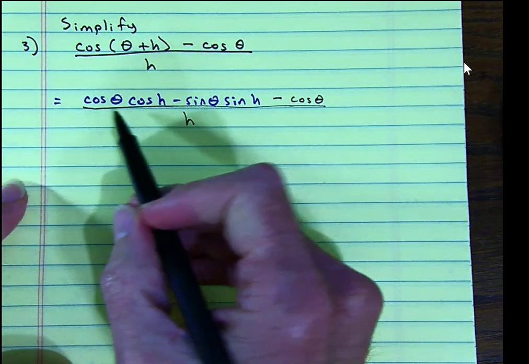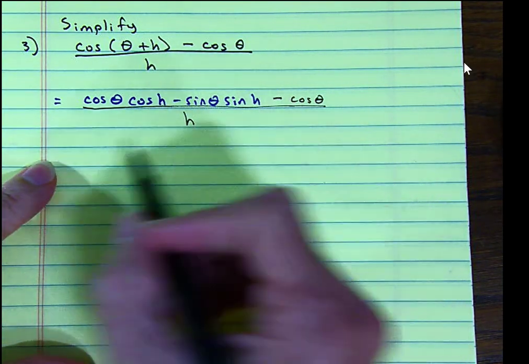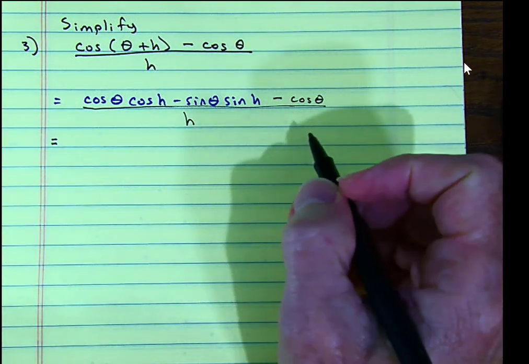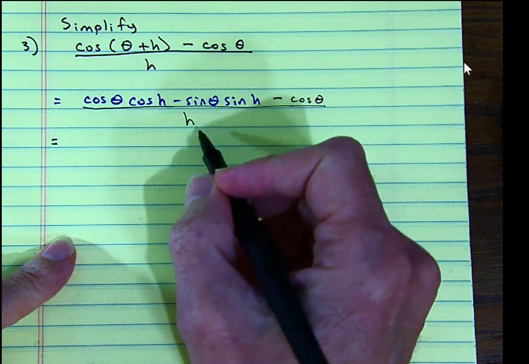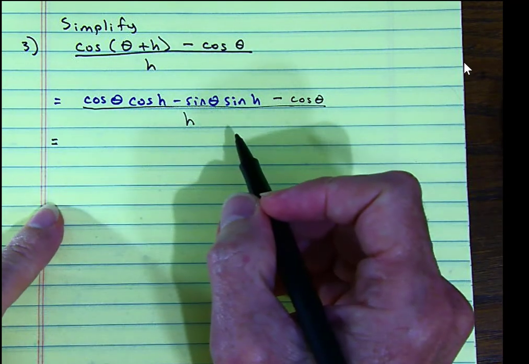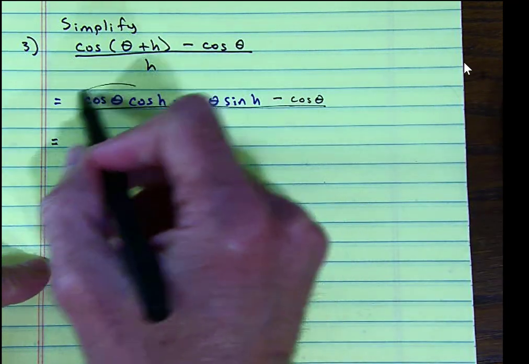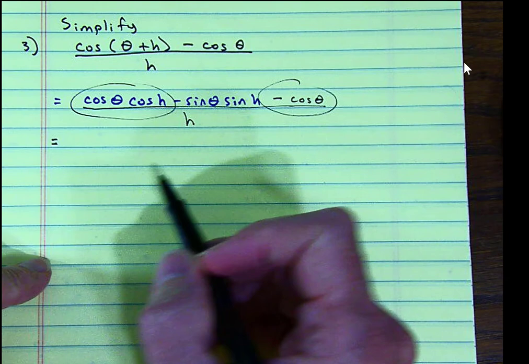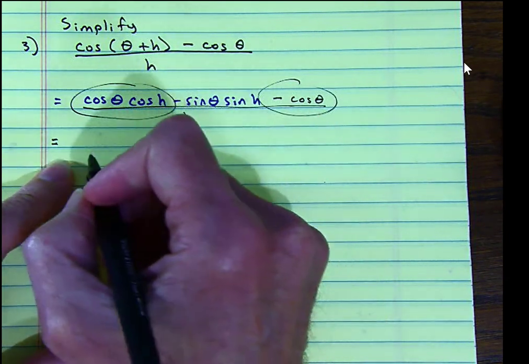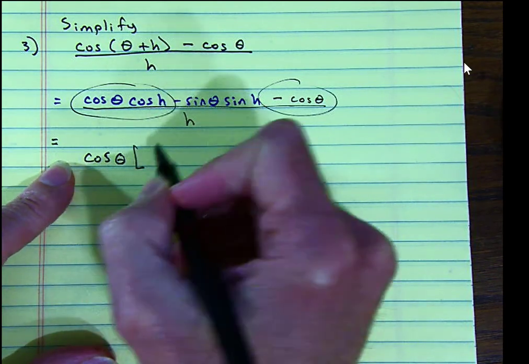So really, the main thing we can do to this is the angle sum identity here. However, when you're in calculus, you'll want to play around with this a little bit more and see how h changes the whole story. And so simplifying this is handy. So what I'm going to do is take these cosine terms and simplify them. So let's factor the cosine of theta.